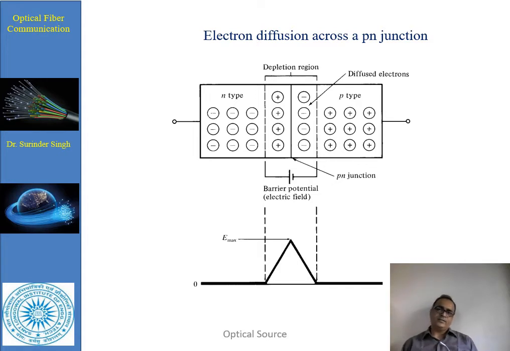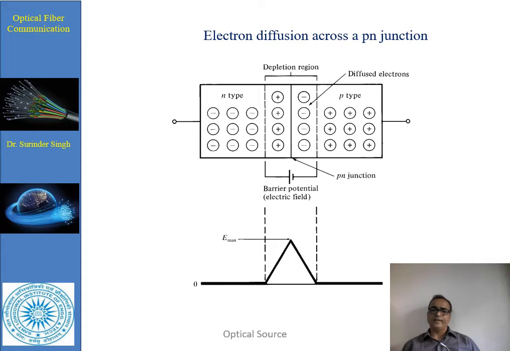Once there is a crossing of all these electrons and holes, a barrier is developed when further flow of electrons and holes is not possible. So some potential is developed, in which further electrons and holes do not cross from p type to n type, or n type to p type.